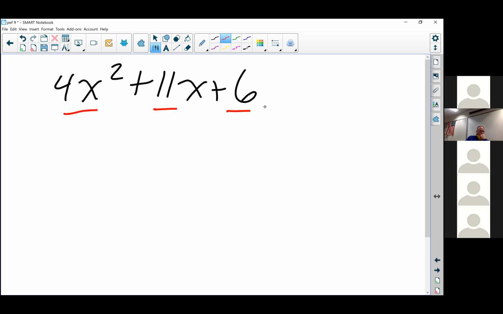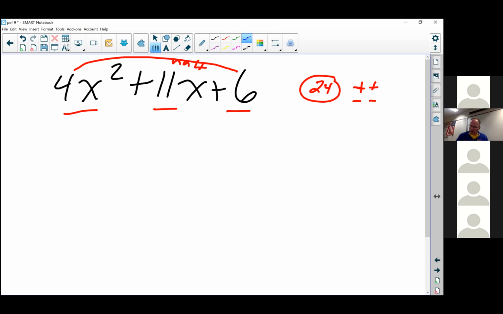Multiply 4x squared by 6. Yeah, so I'm going to multiply the 4 times the 6. Good. So that's going to give me positive 24. And it can either be positive, positive, or negative, negative.